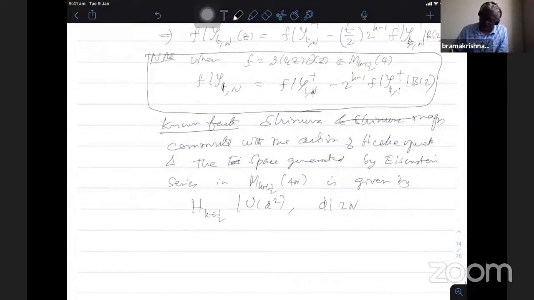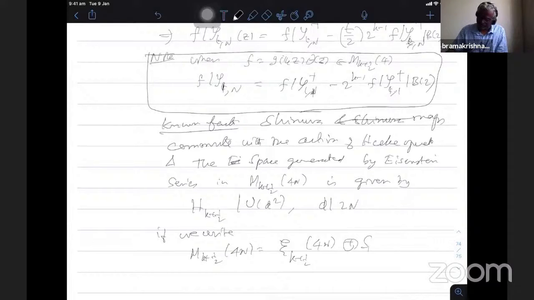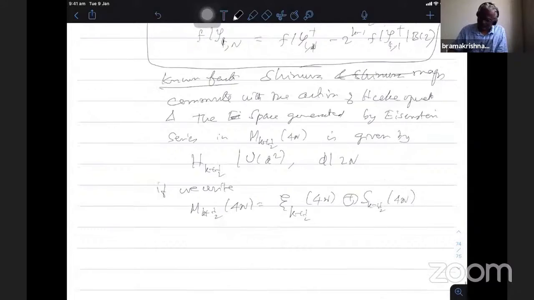So if you write, we'll write it properly. If you write M_{k+1/2}^plus of 4n as the space of Eisenstein series, which is script E of 4n, direct sum cusp forms. This is the space generated by Eisenstein series.